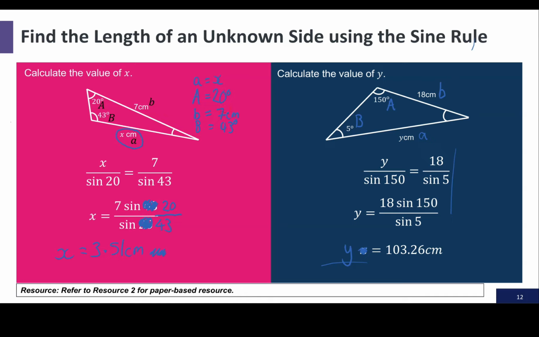So y divided by sine 150 equals 18 divided by sine 5. Multiplying through by sine 150 and typing that into your calculator, y equals 103.26.